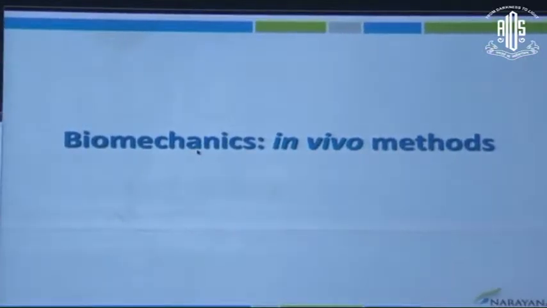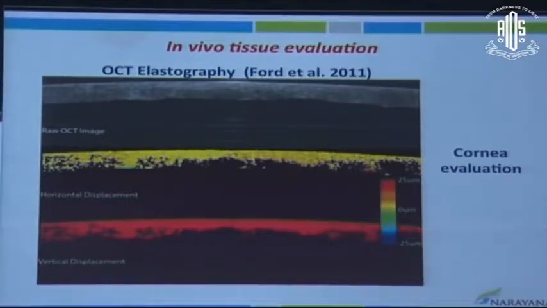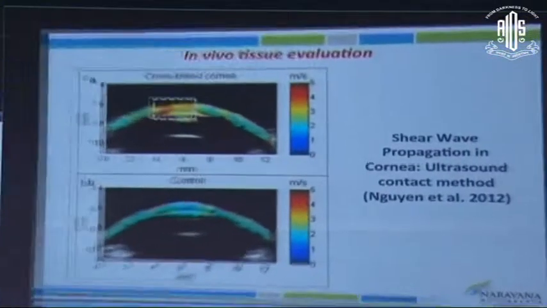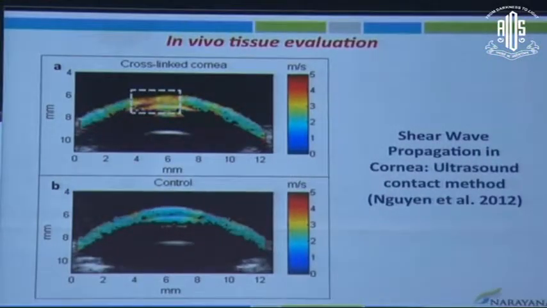In vivo methods are also plenty. They started with something like elastography, which was reported by Ford and colleagues, and which was probably not so famous. Also, shear wave propagation by using the high-speed ultrasound technique was also reported, which is quite simple. What they assume is that if you throw a stone into a lake, it's going to create ripples there.